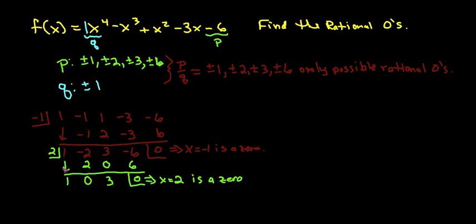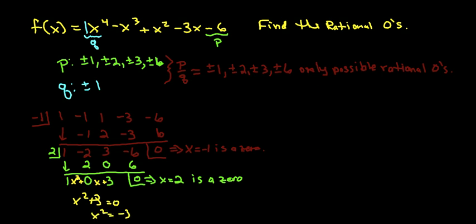Now the only other thing that I would have to check would be this bottom, which is actually telling me 1x squared plus 0x plus 3. So if I were to take a look at that and say, alright, x squared plus 3 equals 0, I would get x squared equals negative 3.